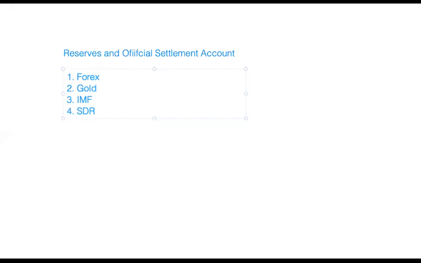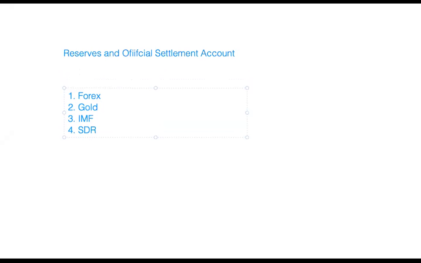And then IMF. We can have an account with IMF where we can have deposits. Then we have SDR, special drawing rights, which is created by the IMF. You will see all these in detail later about SDR. So reserves will be added as foreign exchange. Reserves are country's savings.